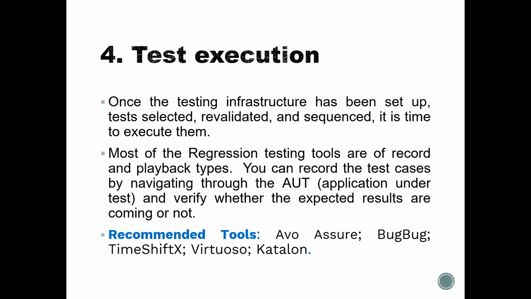And then we have test execution. This means you need certain infrastructure to select, validate, and perform this sequence. There are multiple tools which you can go through on your own, and check how you can use these tools to perform test execution. It's not like you need to do this execution on a very complex software.